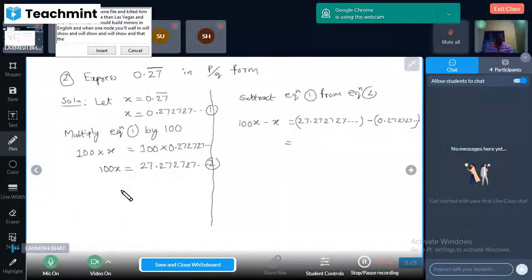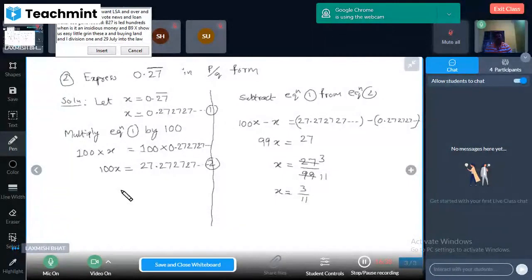So when we subtract 0.272727 from 27.272727, all the digits in the decimal part are cancelled, so only 27 is left. 100x minus x means it is 99x. So x is equal to 27 by 99. 9 threes are 27, 9 elevens are 99. So x is equal to 3 by 11.